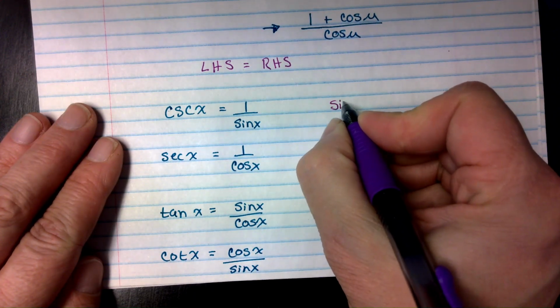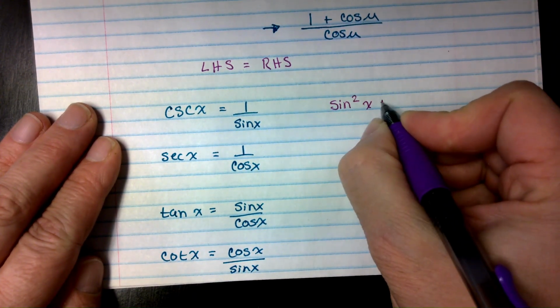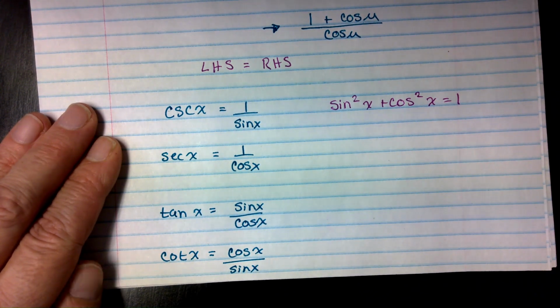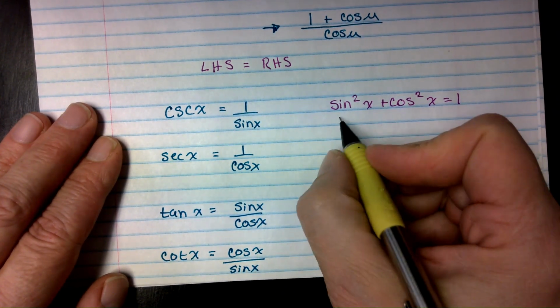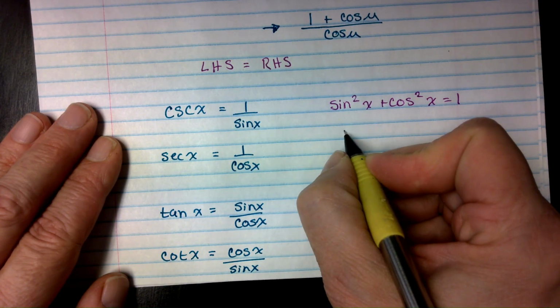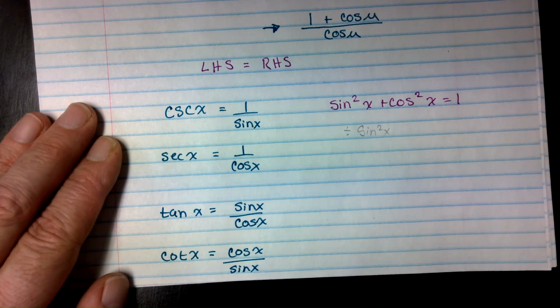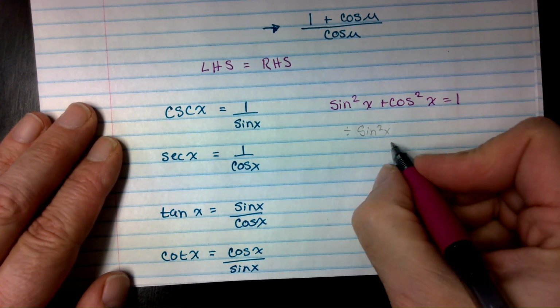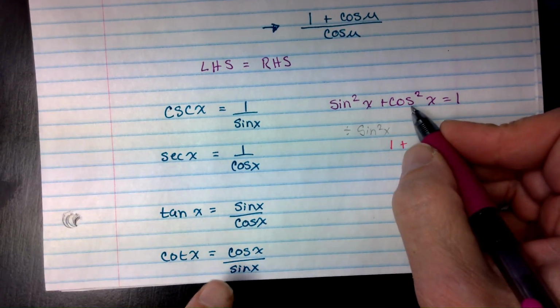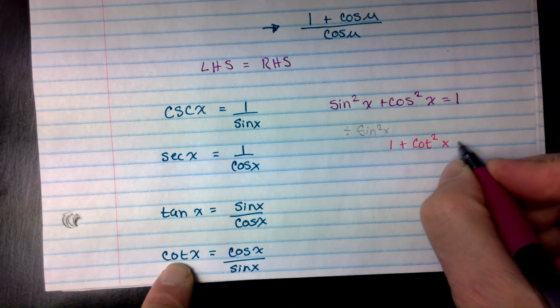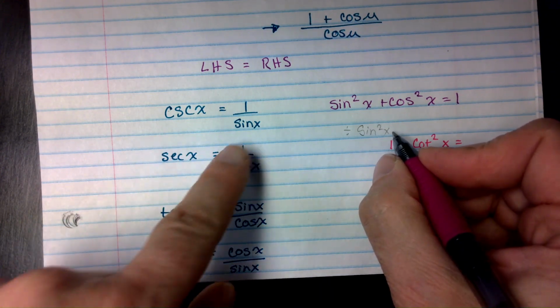We've talked about it multiple times here, but I'm going to go over it. Sine squared plus cosine squared equals 1. Now, if you take the purple equation and you divide it by sine squared, it will be 1. Cosine squared divided by sine squared is cotangent squared. And 1 divided by sine squared is cosecant squared.